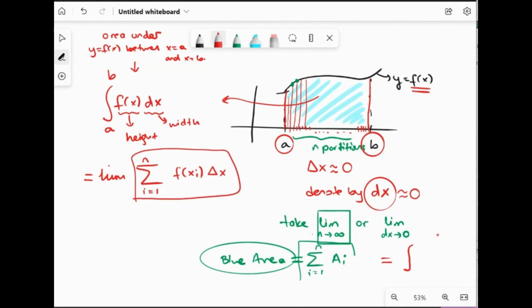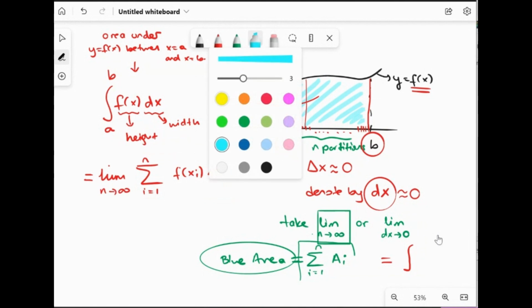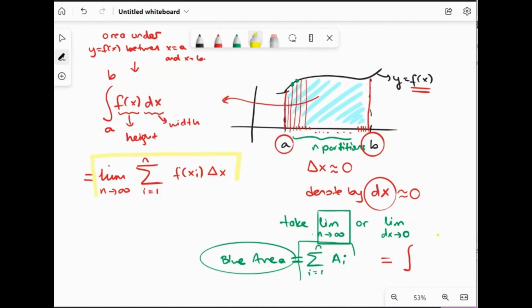This is what we discussed when we approximated areas from subrectangles. We mentioned that as we increase the number of partitions, this limit as n goes to infinity, we call the integral. So when you see this symbol, the integral from a to b of f of x dx, that means this is the area.